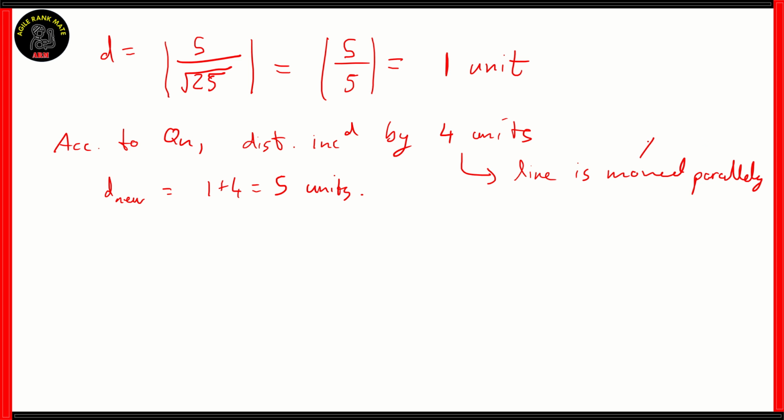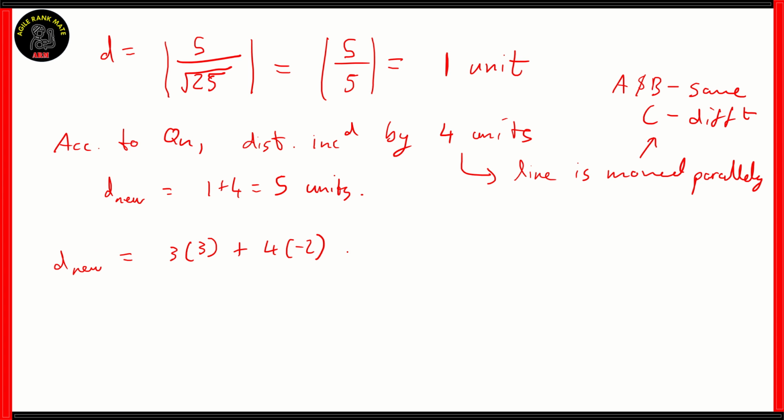Now that means a and b are the same, however, c is different. So the new distance would be |3(3) + 4(-2) + c|, where instead of the old c, which was 4, we're going to add something called c new in order to represent what we should be getting.